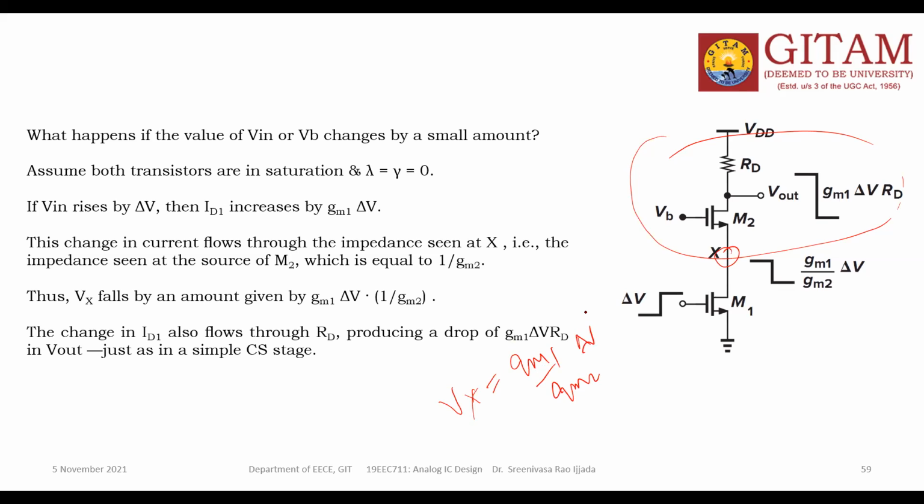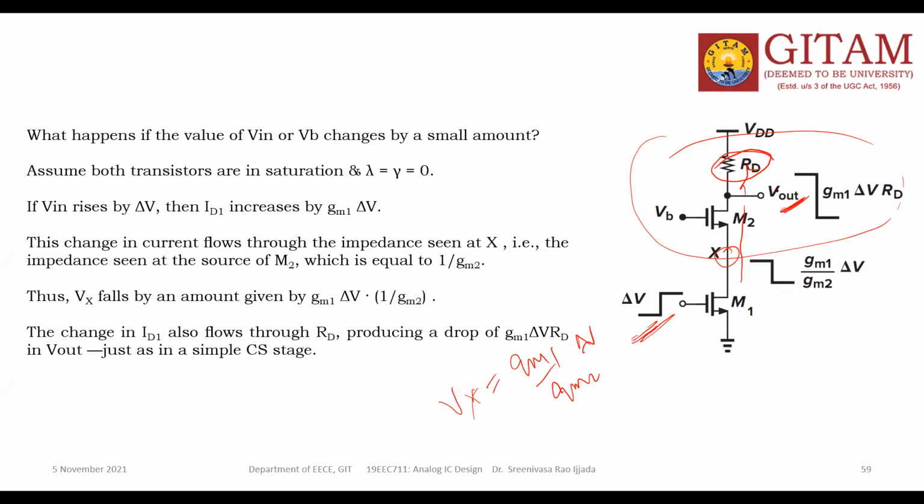Whatever the current change in ID1, because both are connected in series, this current is flowing into this device also, so that this current will constitute a drop across the RD, so the output voltage also changes because of the corresponding gate voltage change. Because the input changes by delta V, the output also changes.